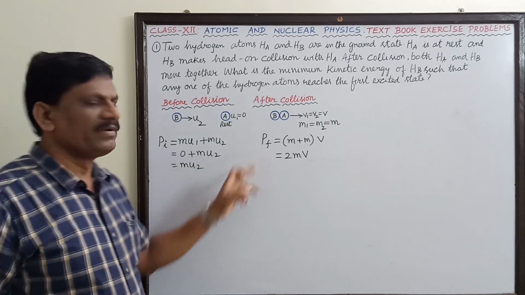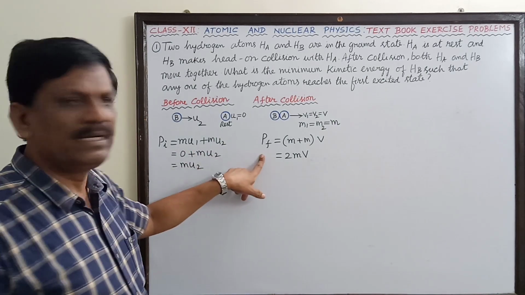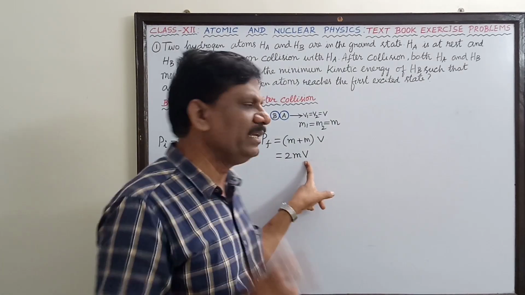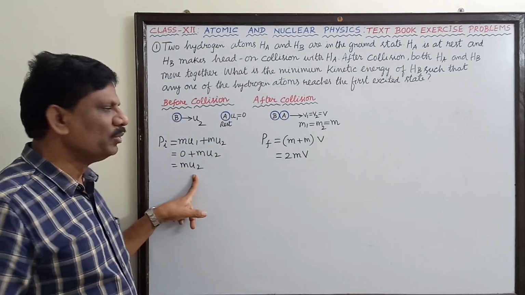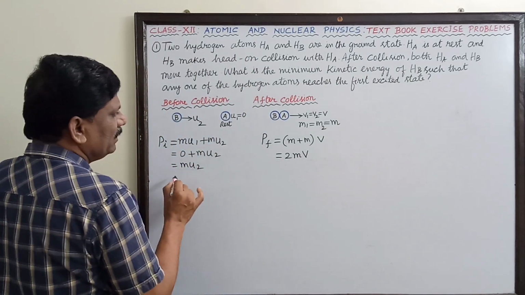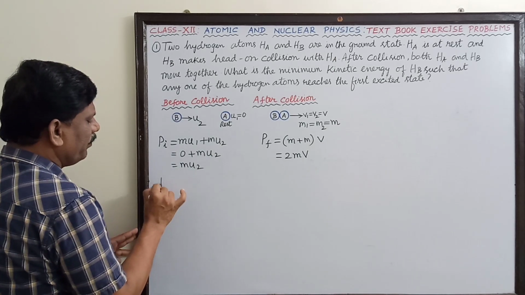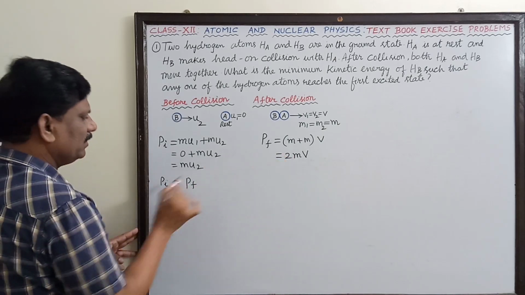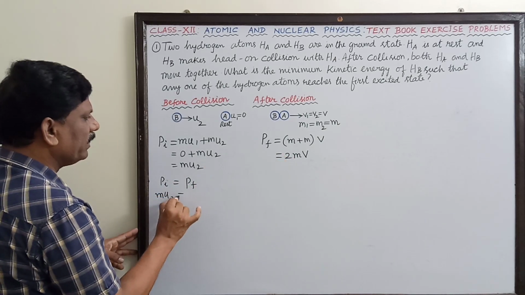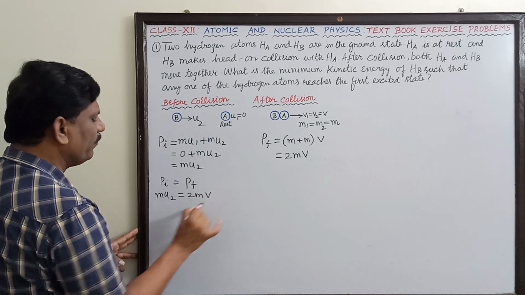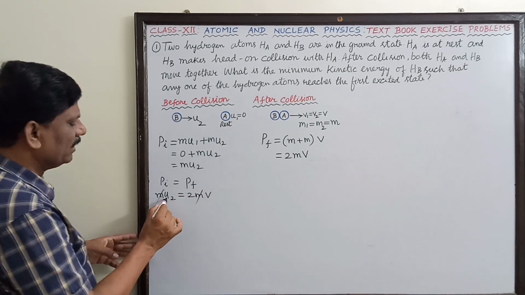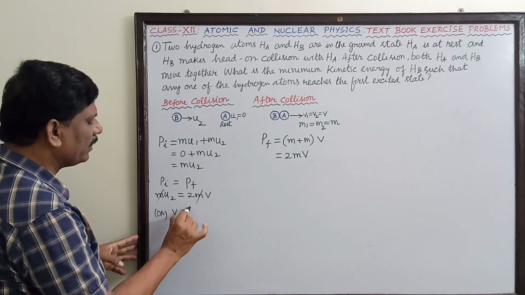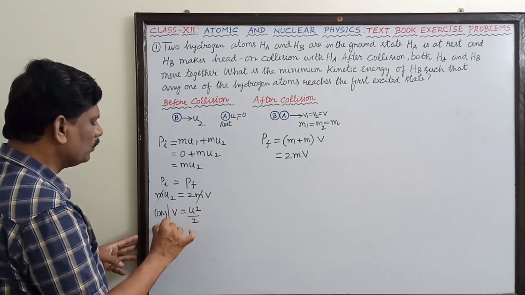So from the conservation of momentum, P initial must be equal to P final. Therefore I can express the final velocity V in terms of the initial velocity U2. Equating the two, M into U2 is equal to 2M into V, so that mass can be cancelled, so U2 is equal to 2V, or V is equal to U2 divided by 2.